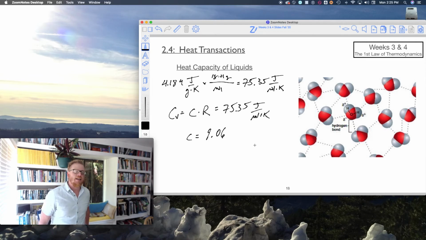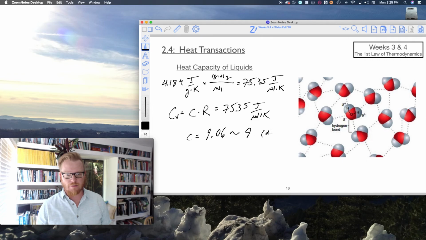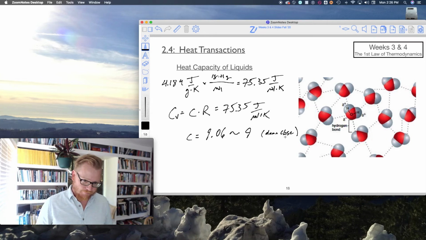9.06. Now, some of you are like, why is that awesome? Why is that significant? Well, it's damn close to the whole number 9. Damn close, okay? And the reason why it's not exactly 9 is because this is the equipartition theorem. So what's significant about the number 9?